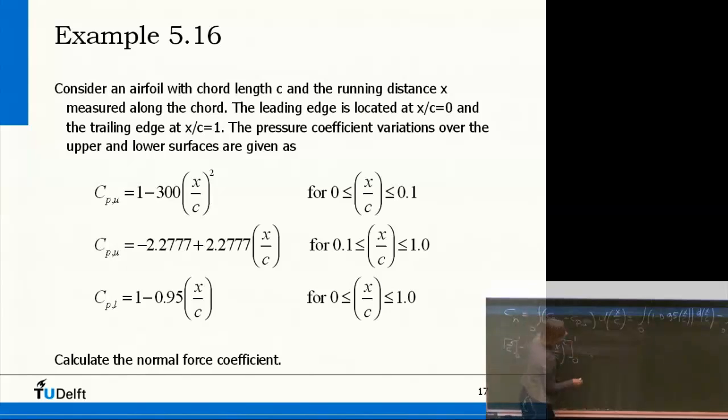Now the rest is very easy, similar stuff. So minus, then we have again a 1, so that's x over c, but now between 0 and 0.1, thanks, plus 300 times the primitive of (x over c) squared, which is (x over c) cubed divided by 3, between 0 and 0.1.